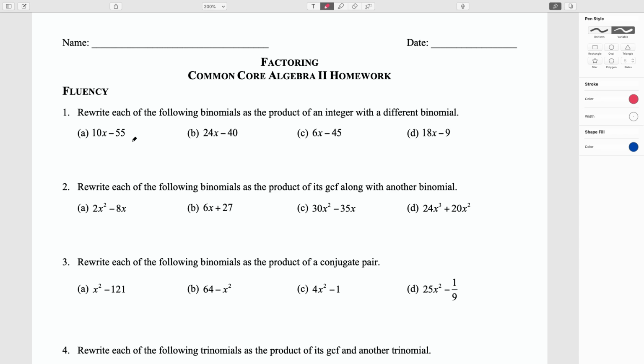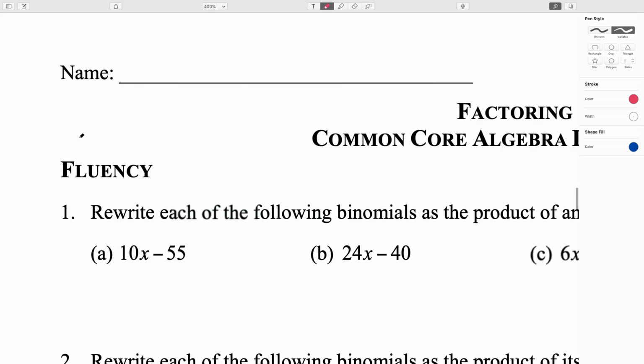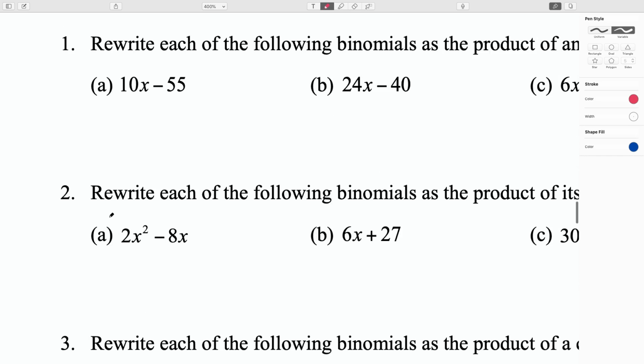Ask yourself, what can go into 10x and 55? 5. So the GCF is 5. And that's what we write outside the parentheses, because we're pretty much doing the distributive property backwards.